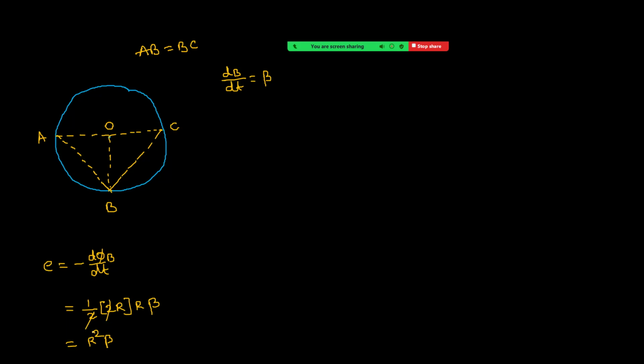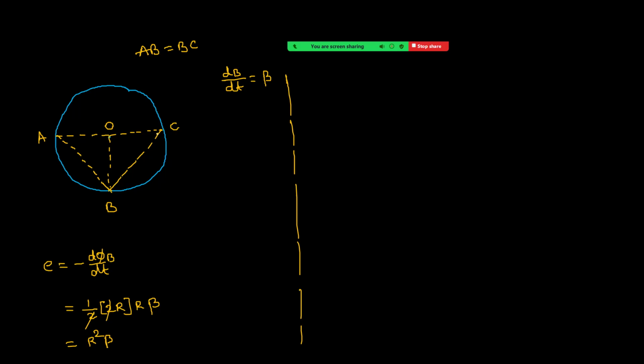Now focus on the next question: the induced EMF between the ends of the length AB if AC and BC were removed. Which are removed here?